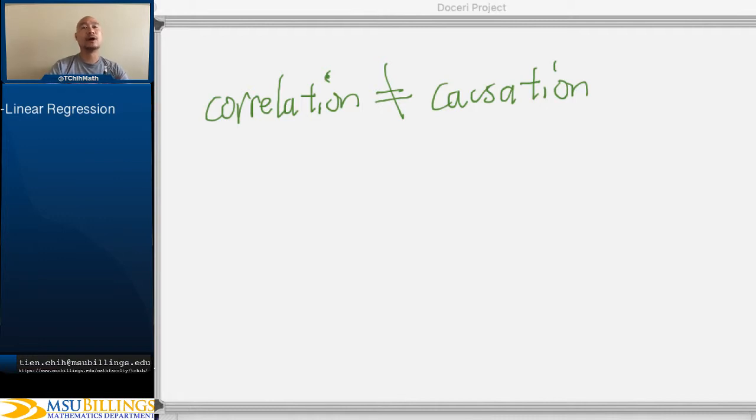A good example one of my Stat 341 students came up with last semester is: does wearing shoes when you go to bed cause headaches? Why would you think that? Well, it turns out that people who wore shoes to bed were more likely to wake up with headaches. And so maybe initially it might be worth considering the possibility that sleeping with shoes somehow affects the way your body's circulatory system works, and then you get a headache.